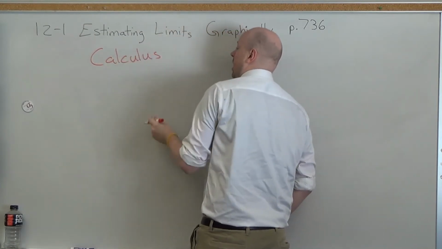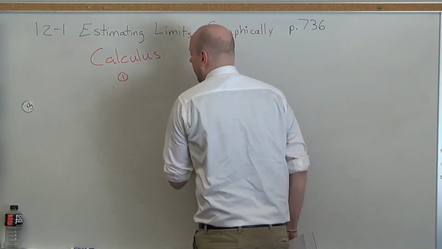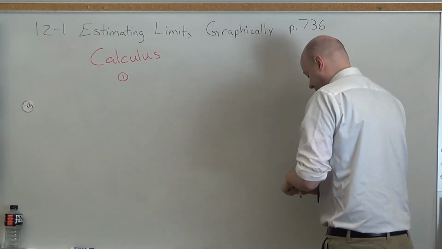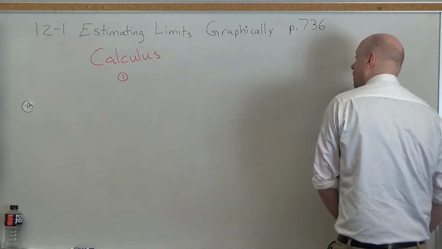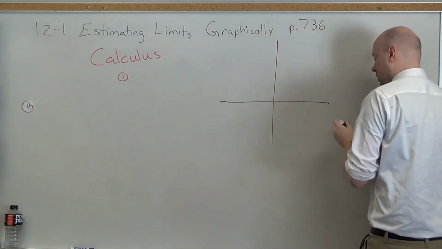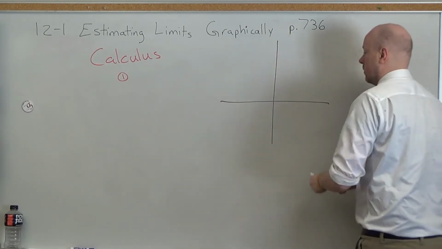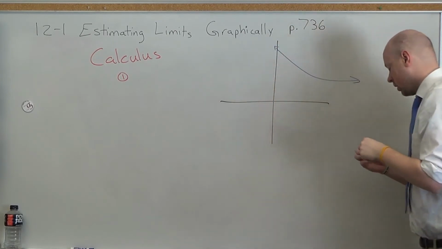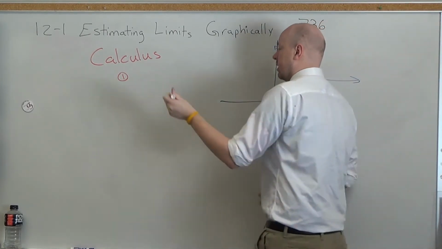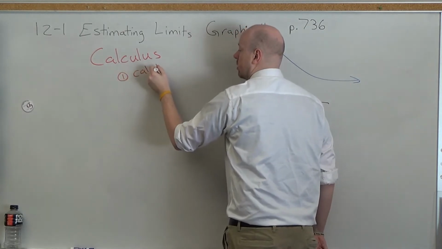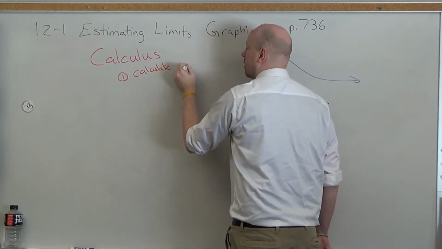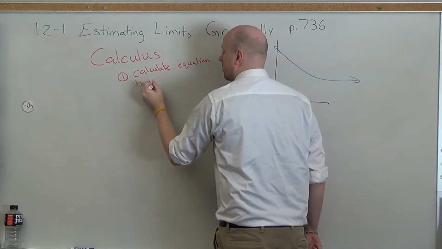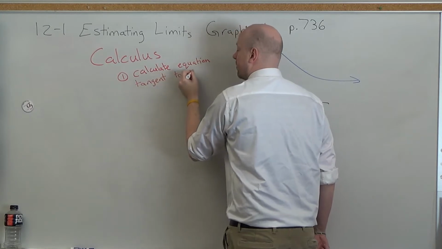Okay. So first we need to talk about what calculus talks about. Calculus has two main problems. One is, if I have a graph, just any old graph will do, my first problem is calculating an equation that will be tangent to a given point.